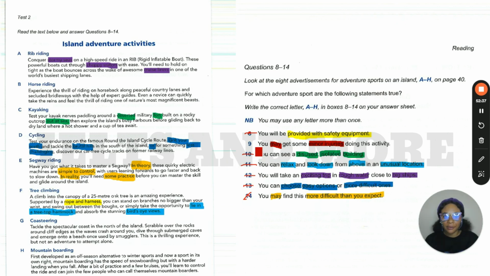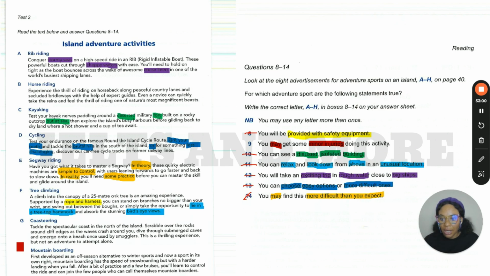That leaves us with number 9. You may get some minor injuries during this activity. So we have 2 paragraphs we've not read yet. So your answer would either be G or H for number 9. So let's read quickly. Coasteering. Tackle the spectacular coast in the north of the island.